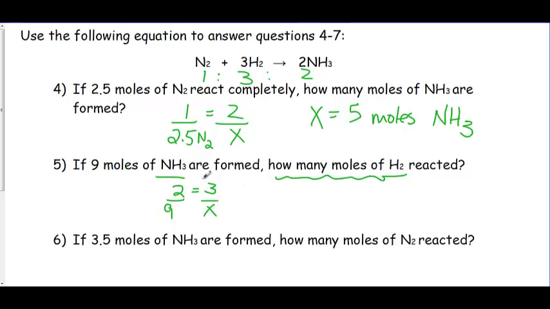So that's the H2 side right there. Okay, so 2 times X is going to equal 9 times 3, which is 27. What am I thinking? 27. Okay, we divide that by 2, and with sig figs, X is going to equal 14 moles.